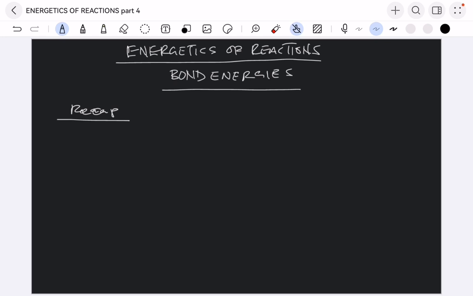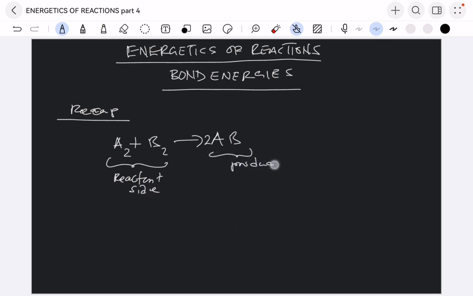So, when you're given a general reaction of this nature, A reacting with B producing AB, provided we balance the reaction, this is considered to be the reactant side of the reaction, and this is considered to be the product side.